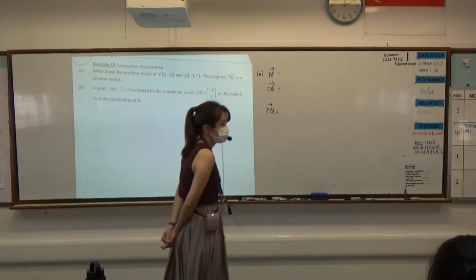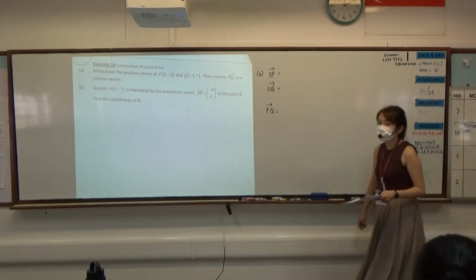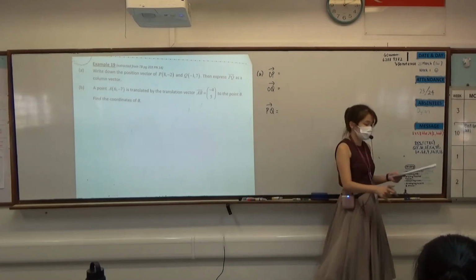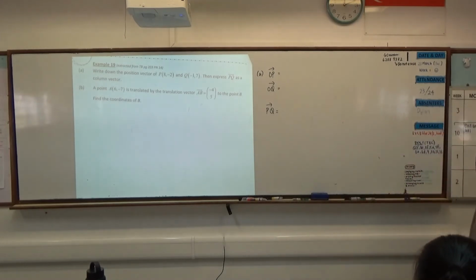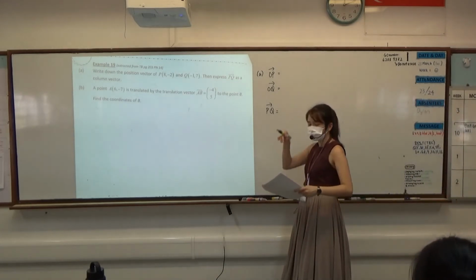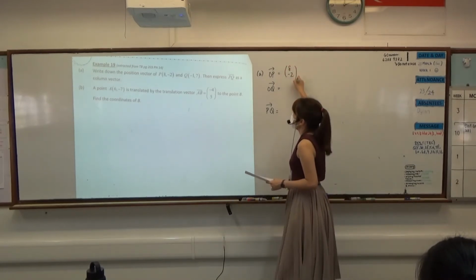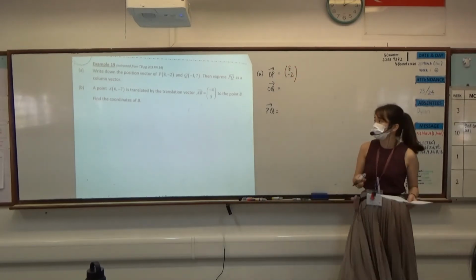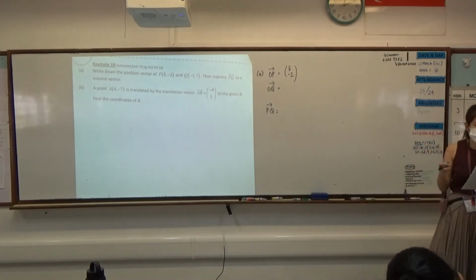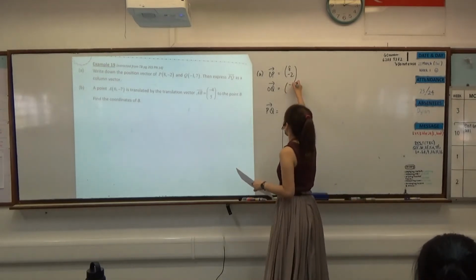Done with part A. What's the column vector for OP? What's the position vector of P? 8 and -2. And then for the position vector of Q, what would it be, Noi? -1 and 7.